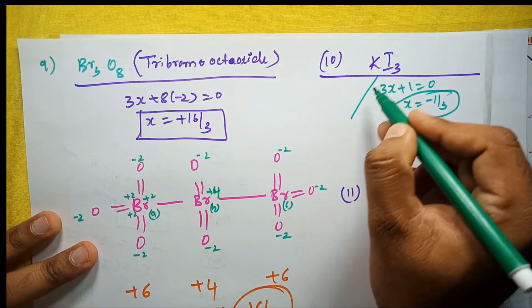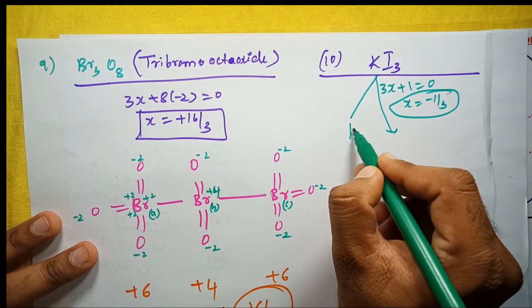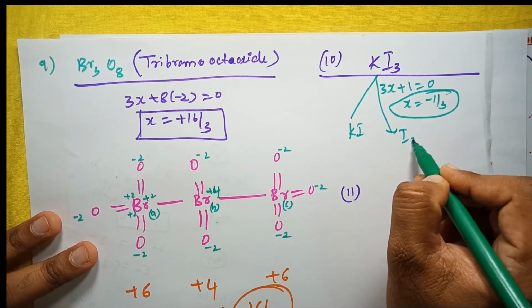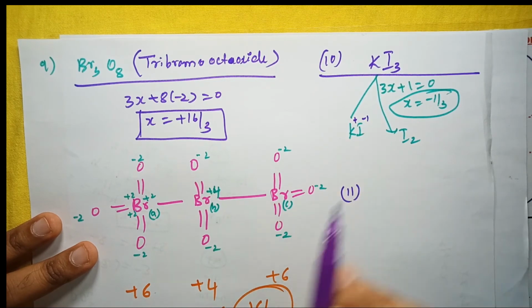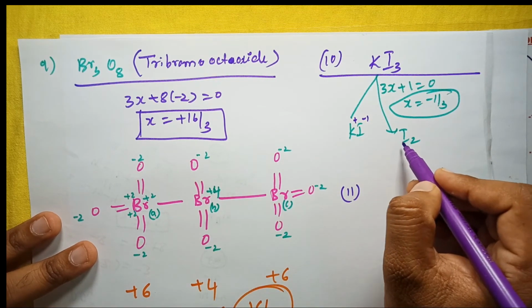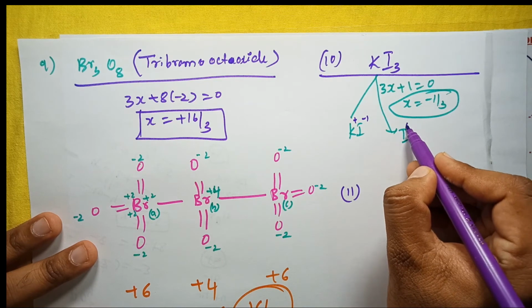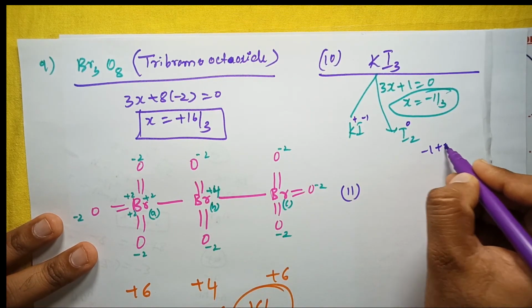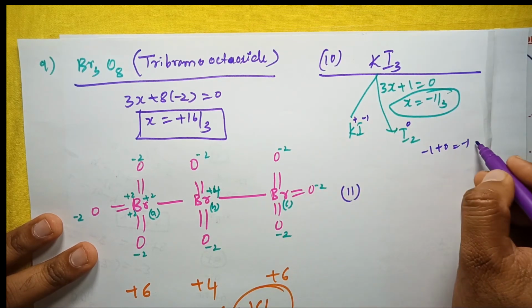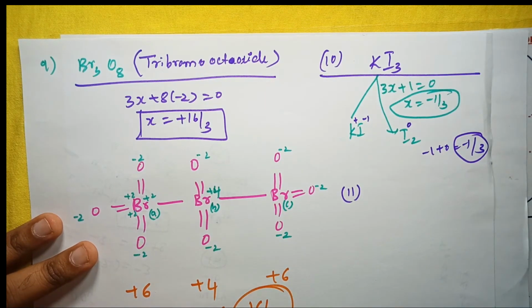Look here friends, KI3 exists as KI and I2. So in KI, potassium exists as plus 1, iodine as minus 1. In iodine I2 it exists in the free state, that is 0. So is it clear friends? Just add this minus 1 plus 0, we get minus 1. How many iodine atoms are there? 3. Minus 1 by 3.